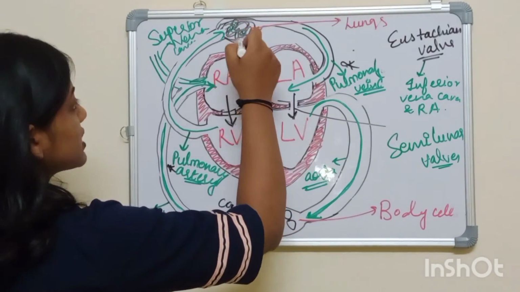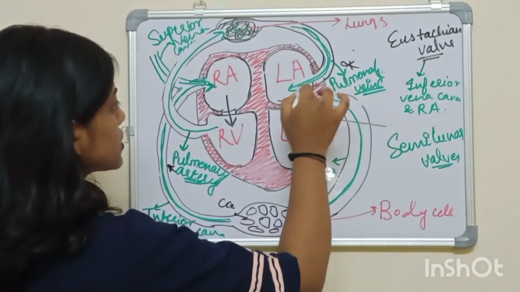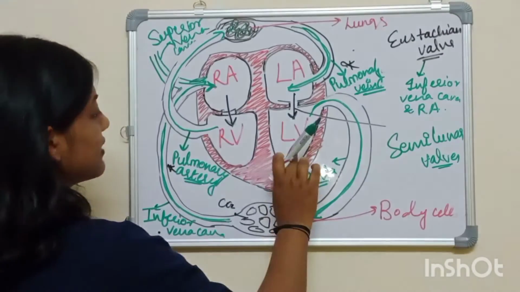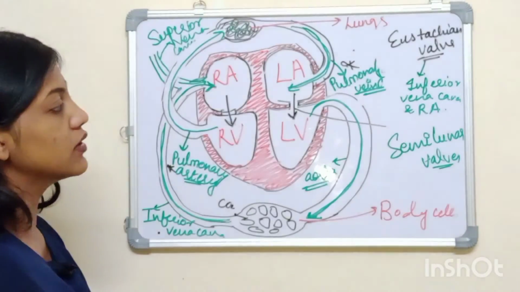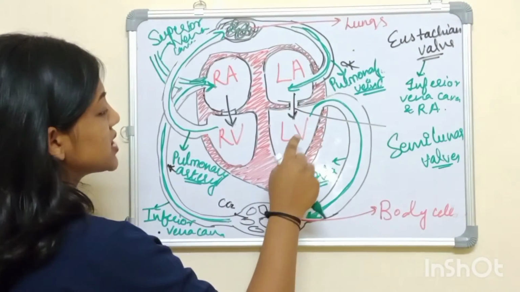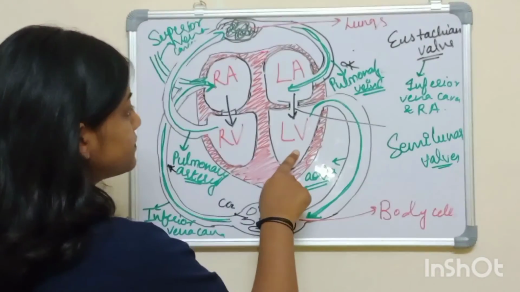Now in the lungs, the oxygenation of the blood occurs and the oxygenated blood goes to the left atrium. Between the left atrium and the left ventricle there is a valve called the bicuspid or the mitral valve. When the mitral or bicuspid valve opens, the blood from the left atrium comes into the left ventricle.